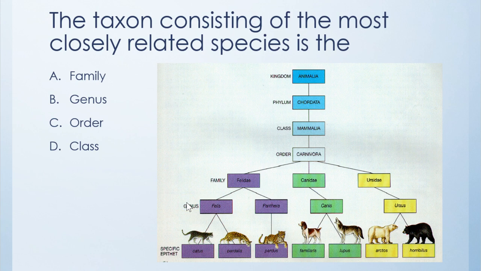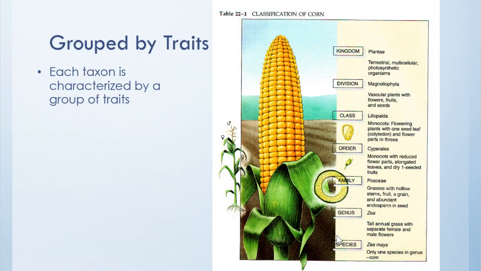So everybody who's in the same genus, all those species in the same genus will be more closely related, right? So domestic cat, and this little guy right here, I think this is a, I don't know what that is. Here's a leopard, right? But these guys are more closely related than these guys. And these guys are more closely related to each other than they are to these guys. Does this make sense? Okay.